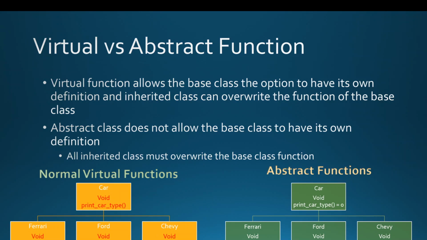Abstract functions are literally kind of like void functions, but the difference here is that for the functions of the base class, you cannot define them. You have to set it equal to 0. And I forgot to mention the virtual keyword. You have to put virtual void function or virtual int to get this to work.